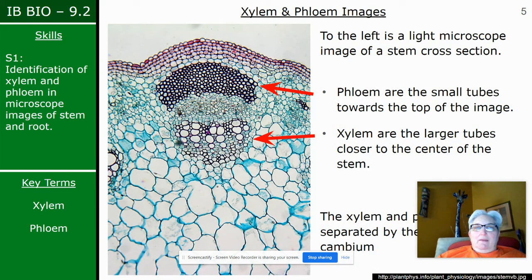So here again, the phloem are the much smaller tubes versus the xylem, which are much larger tubes.